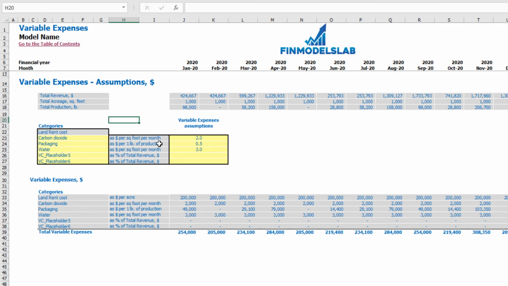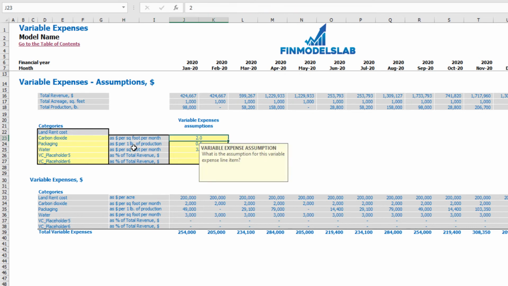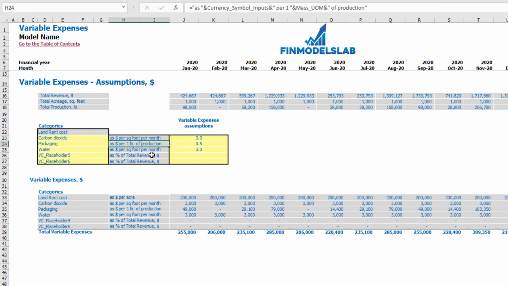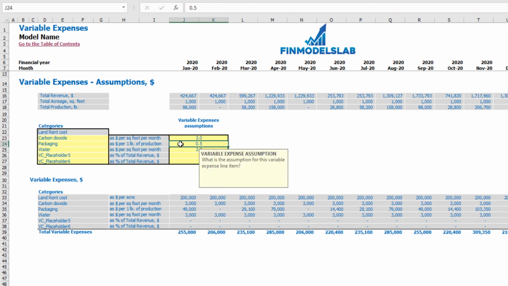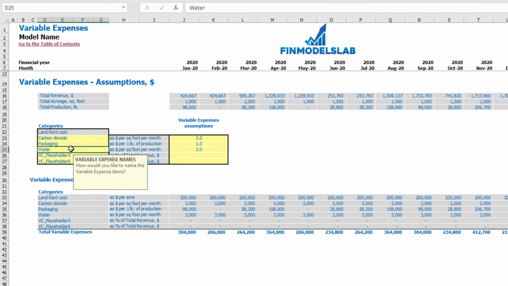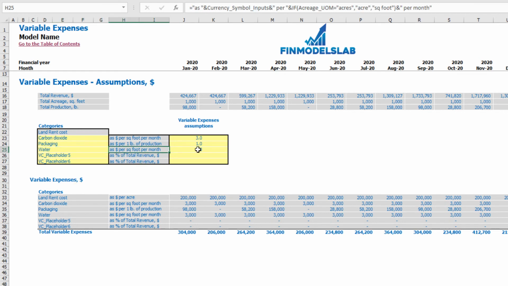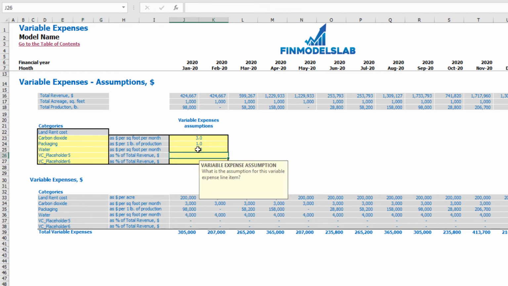And you have 4 different types of how you would like to calculate it. As dollar per square foot per month, which can be changeable also, 3 for example. As dollar per 1 pound of production, for example, for packaging, can be $1. As dollar per square foot per month, which can be 4.